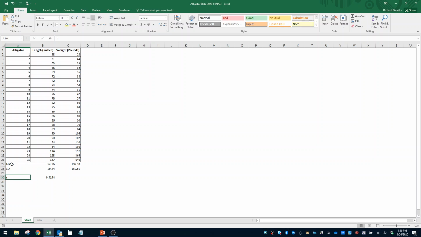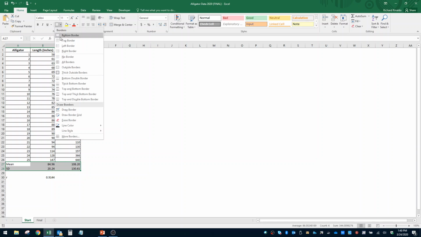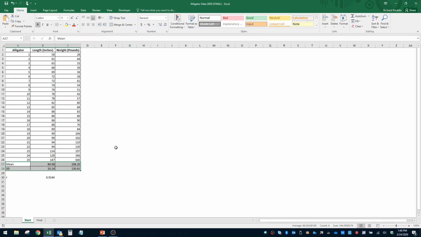I can then calculate my slope, b, and I know that the slope is equal to the correlation coefficient multiplied by the standard deviation of the variable I'm trying to predict, which is y, which is weight, divided by the standard deviation of my x variable that I'm using to predict.